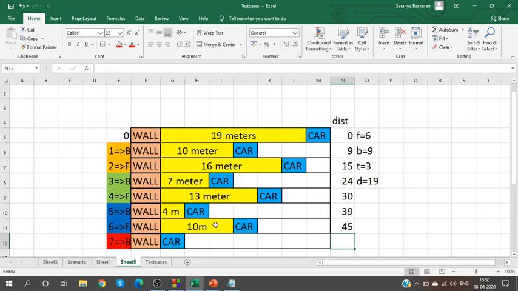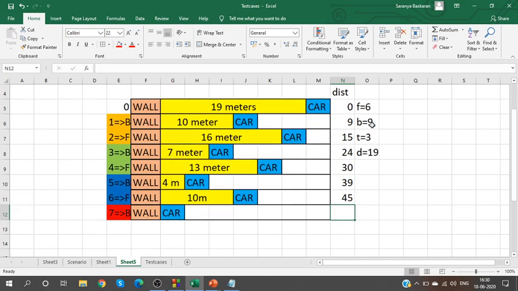Now what happens is, from this 10 meters, we will move back by 9 meters. So we will be at a distance of 1 meter. Can you understand this? Yes, from this 10 meters, go backward, you will be at a distance of 1 meter. Then again, if I move backward, distance is 1 meter.